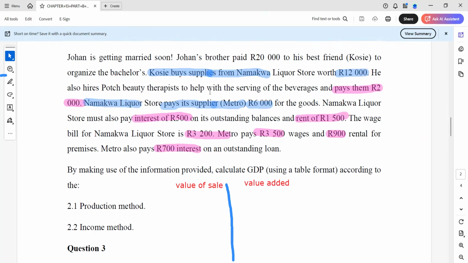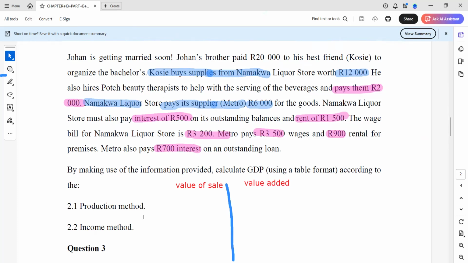So you have to start recording from when the goods left the factory to the shop, then from the shop Namakwa to the consumer. Like when you go to ShopRite to buy products, they start from the supplier first, then ShopRite buys them from the supplier, then we come and buy them from ShopRite. That is why you're going to start with this figure to calculate.